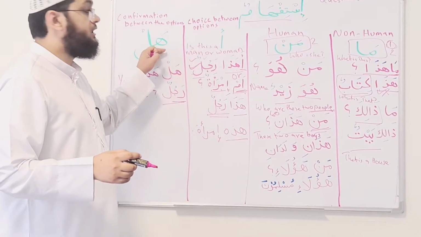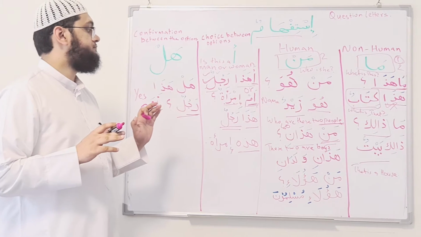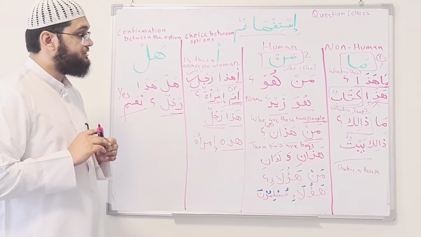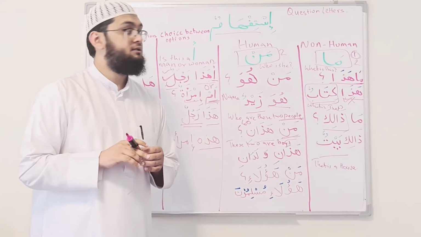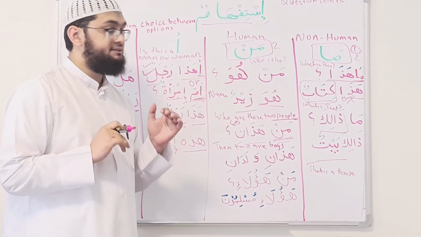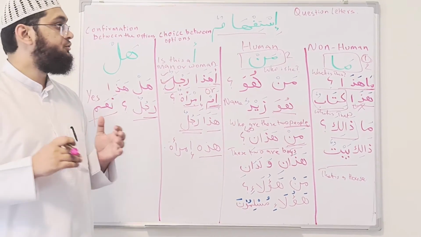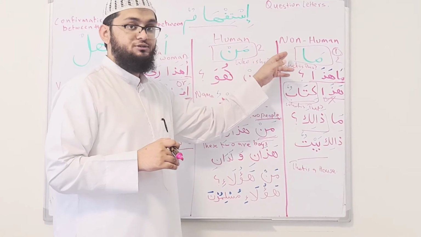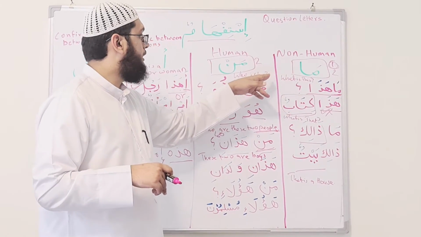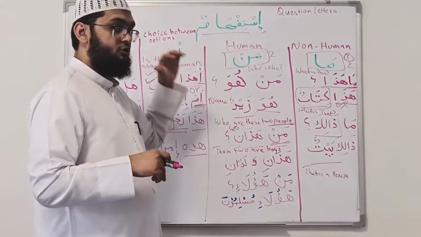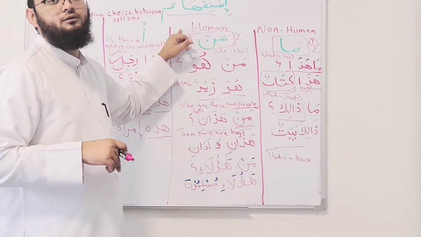Whereas hamza and hal are specifically made for questions. So do not get confused between ma and man if you see them anywhere else. But when you see ma and man in the form of a question by the context, then ma will be for non-human, and man will be for human.